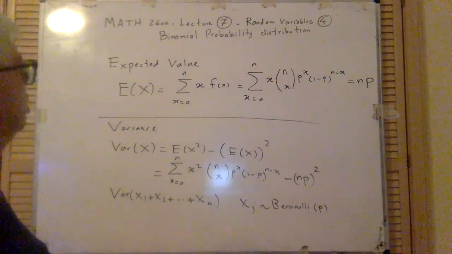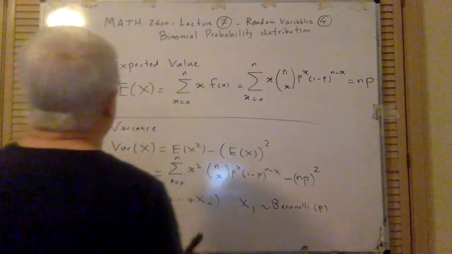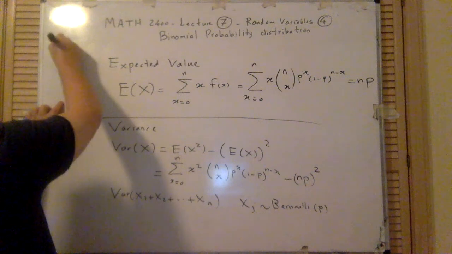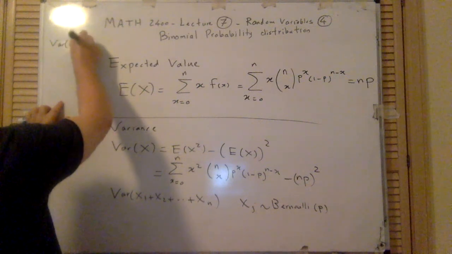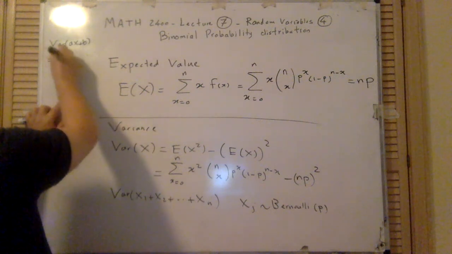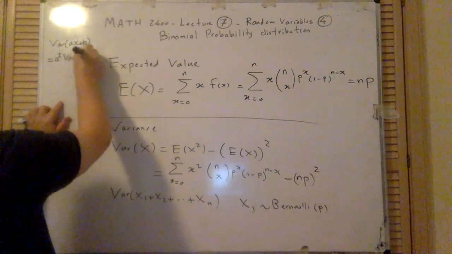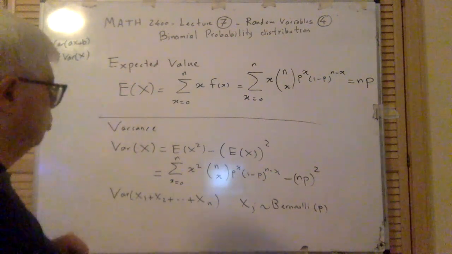What was the rule for variance? Variance of ax plus b was simply a squared variance of x, right? So b would go away.